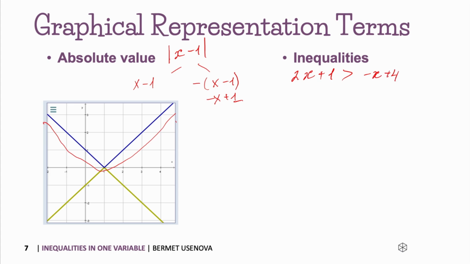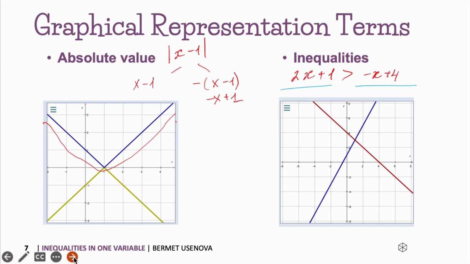In order to visualize it, we have to draw these two lines on this coordinate system, and we will get these two lines where we have 2x plus 1 here and minus x plus 4 here.